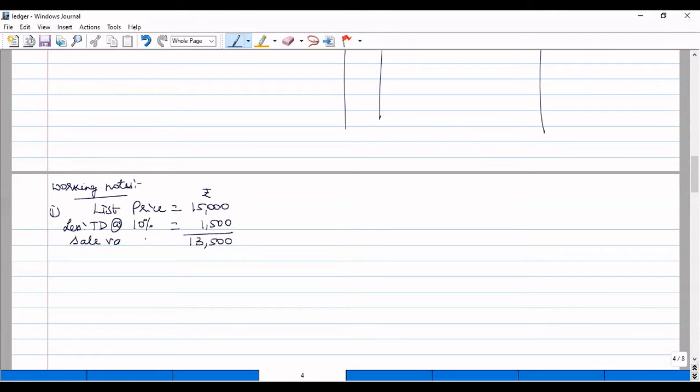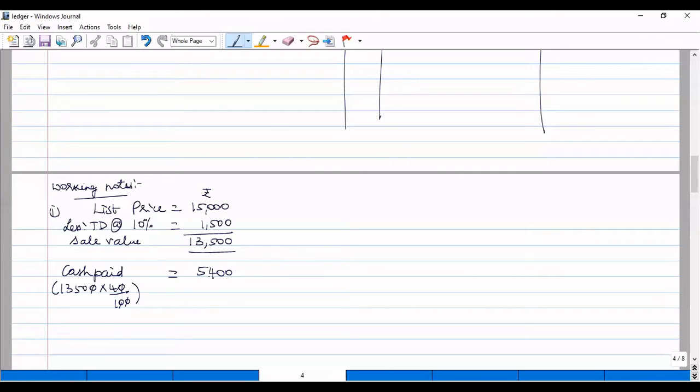Okay, and now we have paid 40% of cash immediately. So calculate 40% of 13,500. So cash paid is 40% of 13,500. Okay, so this amounts to 5,400.